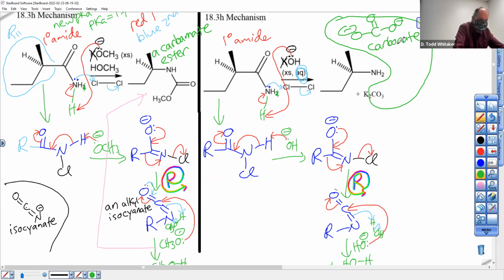Carbam instead of carbon. Carbonate has O there. 'Am' implies what's there in the place of an O? What two functional groups begin with the two letters 'am'? Amide. Look, we have an amide, but it's also a carboxylic derivative down there. It's both. It's both an amide and a carboxylic ester on the same carbon. That's where that name comes from.